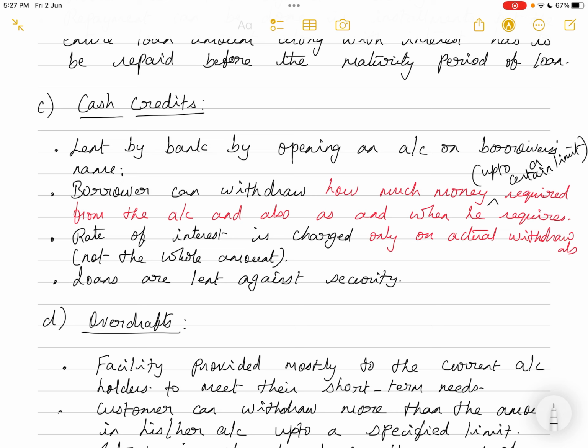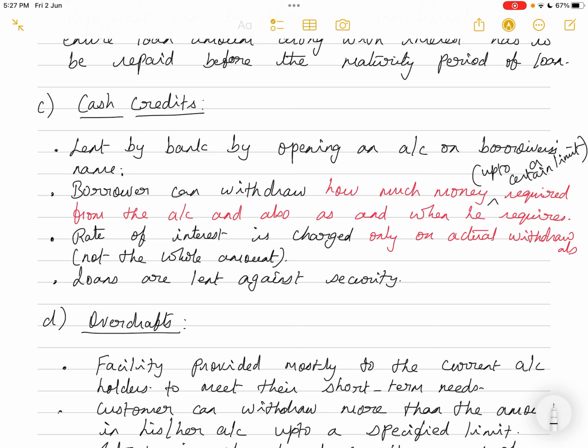But as far as cash credit is concerned, the customer is not charged on the entire loan amount. The entire loan amount is credited in his account, and only on the amount the customer withdraws is the rate of interest charged. So the interest is charged only on the actual withdrawals, not the whole amount. And these loans are also lent against security.